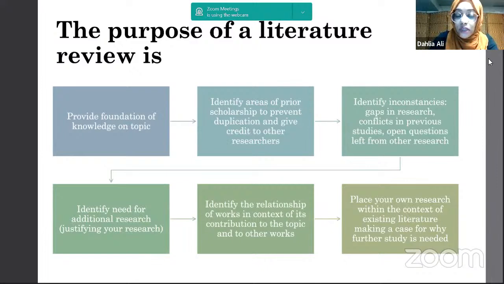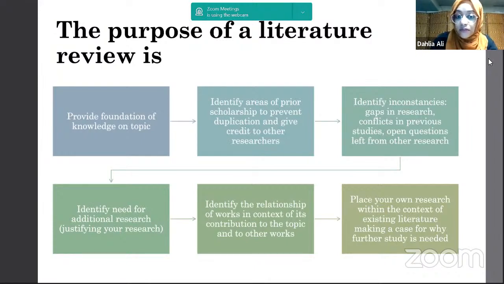It is to provide a foundation of knowledge on a topic, identify areas of prior scholarship to prevent duplication and give credit to other researchers, identify inconsistencies, gaps, conflicts in previous studies, and open questions left from other research. It's also to identify the need for additional research, which will be justified in the literature.